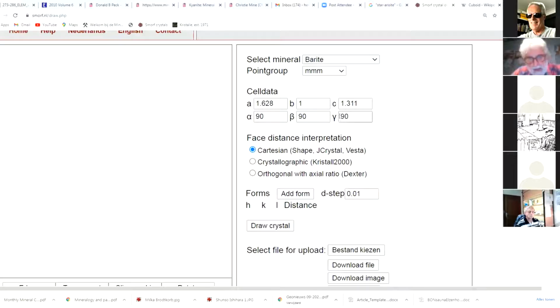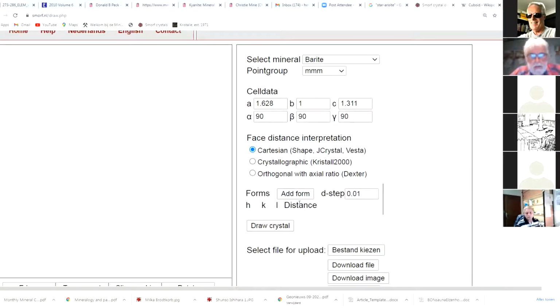So the three crystallographic axes are still perpendicular to each other, but the unit distance on the three crystallographic axes is different. Okay.